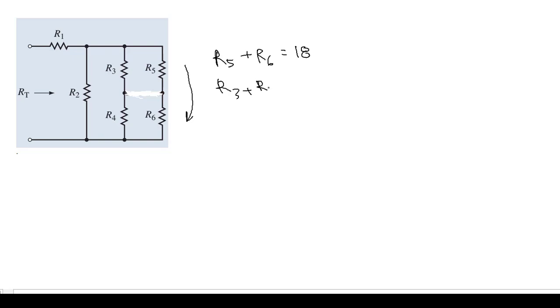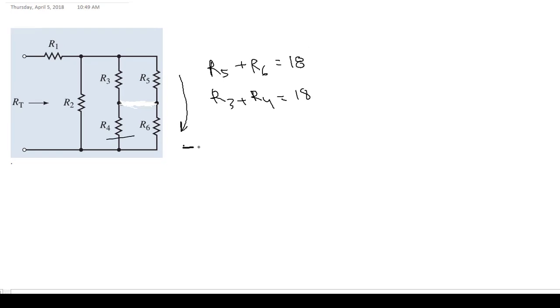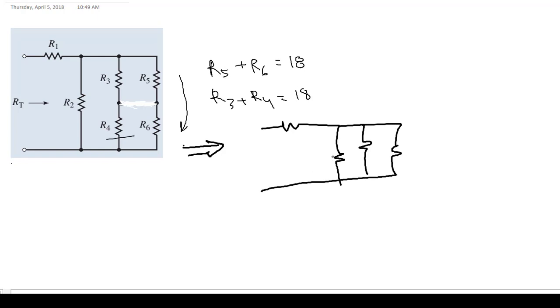The same, R3 plus R4 equals 18. So this circuit becomes this one. This is 6, this is 18, this is 18, and this is 10, right?